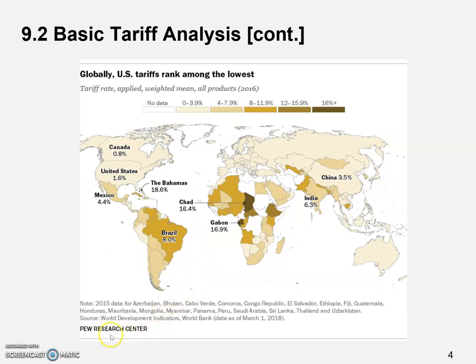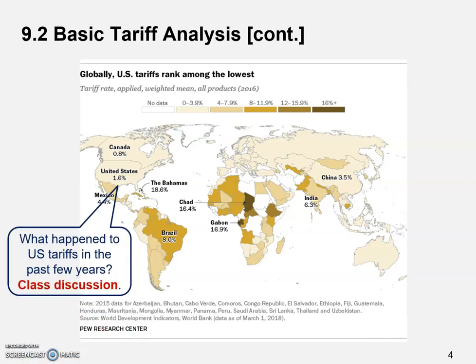Again, this chart is from the Pew Research Center, based upon data from the World Bank as of March 1st, 2018. In the previous chart, I pointed out that the ending year is 2017. Here, the data used to make this map is based upon 2018. So the question we would like to raise here is, what would you expect to happen to U.S. tariffs in the past few years?